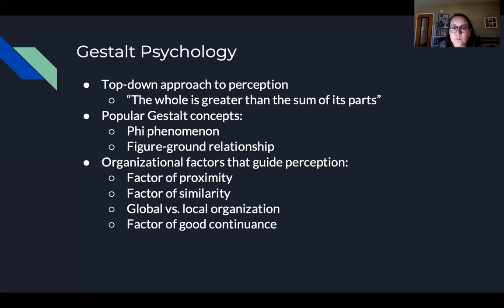So essentially, we have this focus on the whole object itself rather than getting into the nitty-gritty of the various parts of it. The reason why we are talking about Gestalt psychology in the context of sensation and perception is that this particular field has been influential in cognitive psychology.